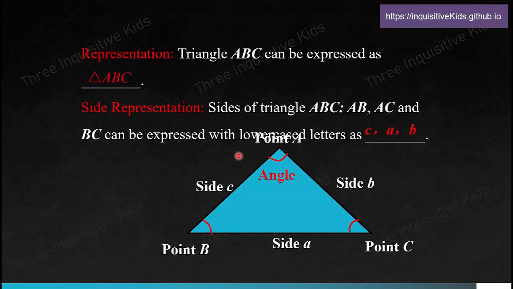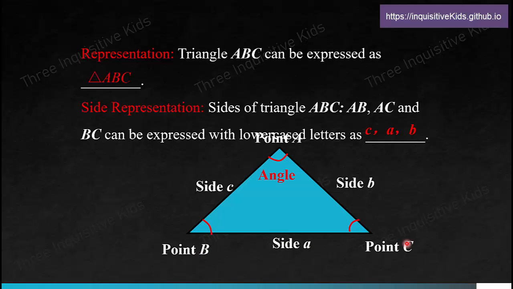So as you can see here, this is point A, point B, point C. And since this is point A, this side right here, side c, can also be known as AB, and side a can be known as BC, side b can be known as AC.